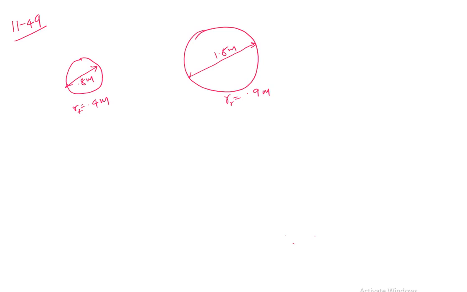We're required to find the velocity of the tractor. So the velocity of the tractor is basically the linear velocity of this wheel. But first, we're given the RPM of the rear wheel, right? So omega rear is 40 rpm, that's equal to 40 times 2 pi over 60.